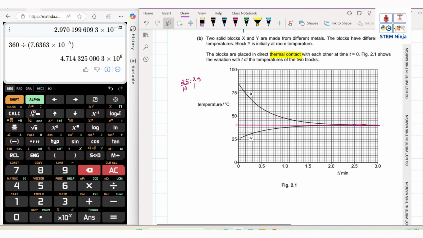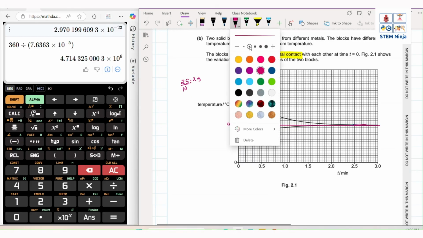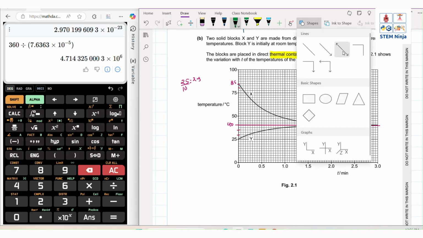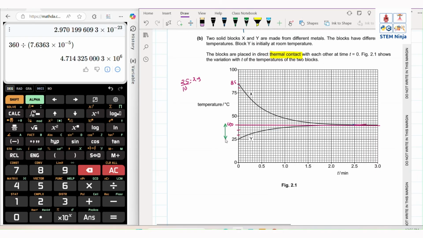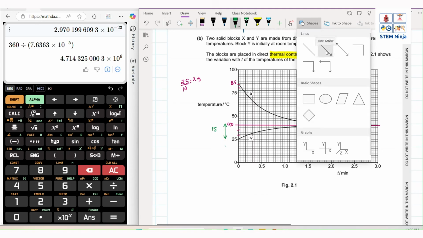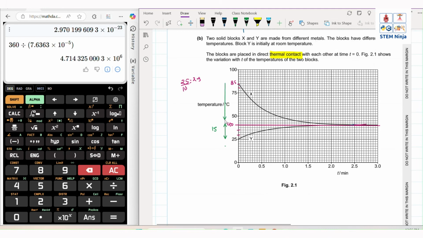So 2 points will represent 5. So 30, 35, and 40. Similarly, this one 80, 85. So the change in temperature over here, this one is 15, and this one is 45. Sorry, this one is gaining, so I'll use an up arrow.